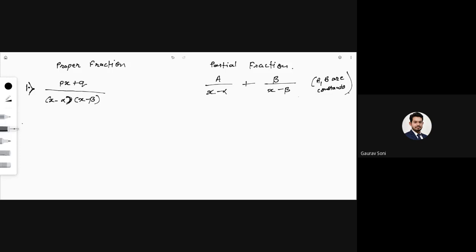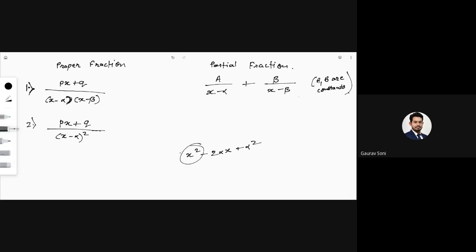The second one. If you have a proper fraction of the form px plus q upon x minus alpha square. Degree of numerator, of course, is 1. If you square the denominator, that will be x square minus 2 times alpha x plus alpha square, like a minus b square.